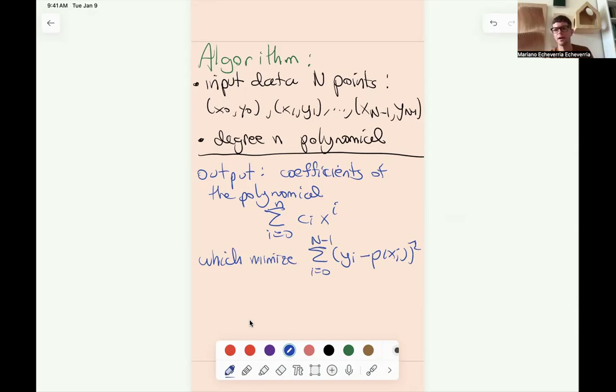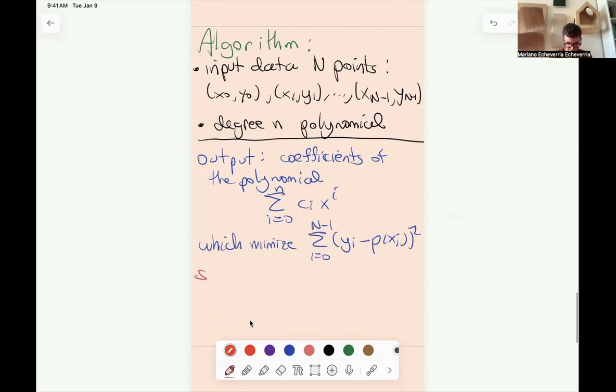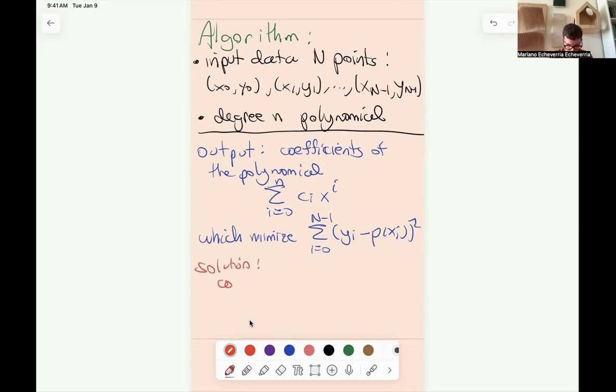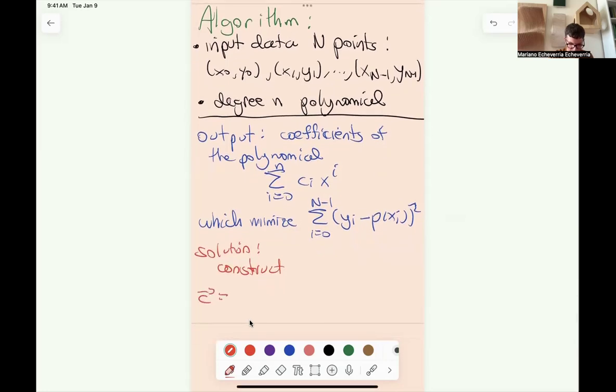Okay. And all that we have done so far is just to say that to find the coefficients, you arrange them into a vector. So what is the solution? The solution is you turn the coefficients into a vector. You construct the vector of coefficients.